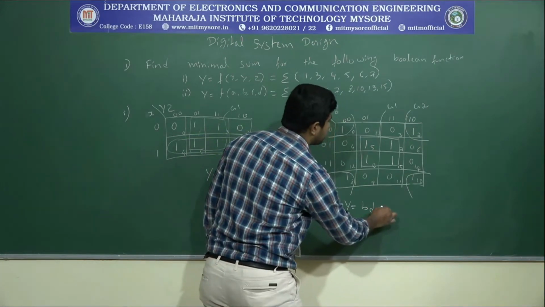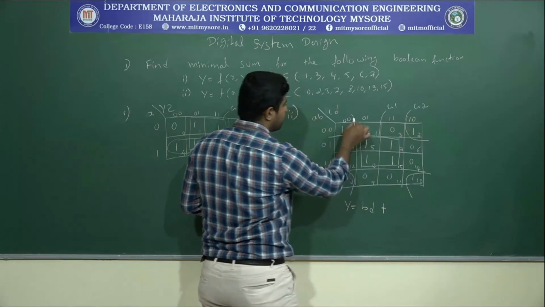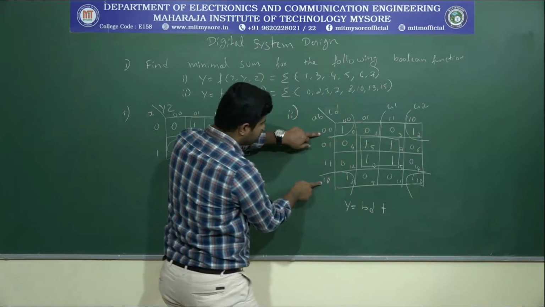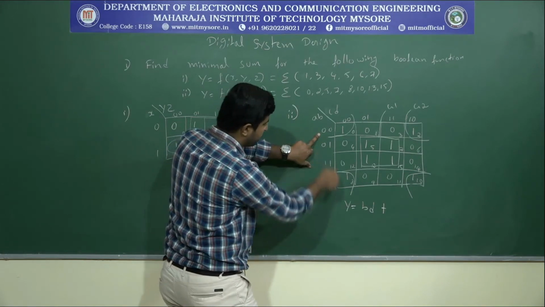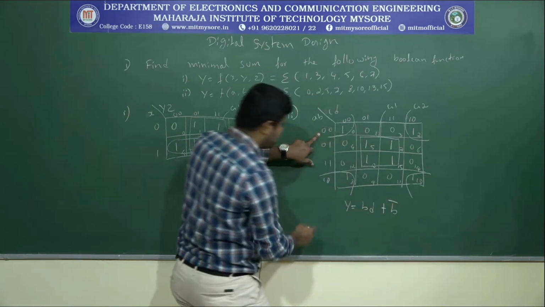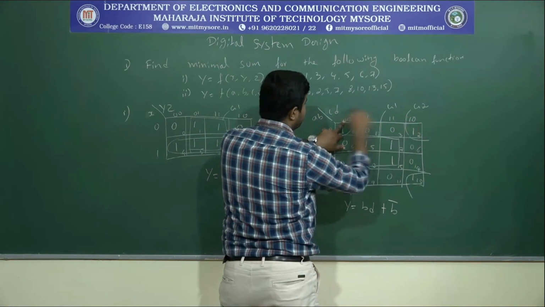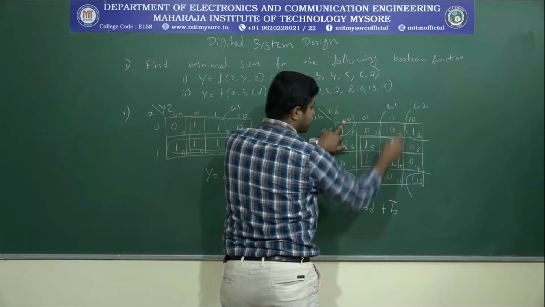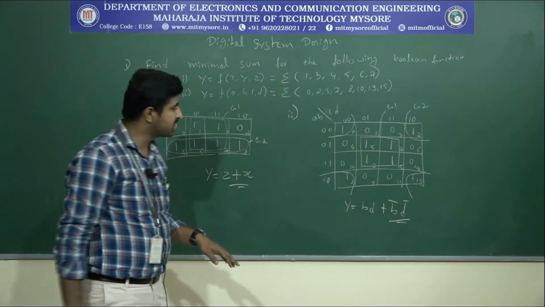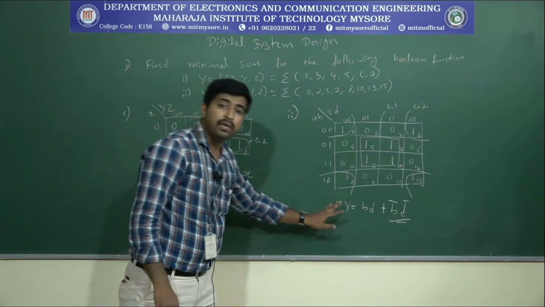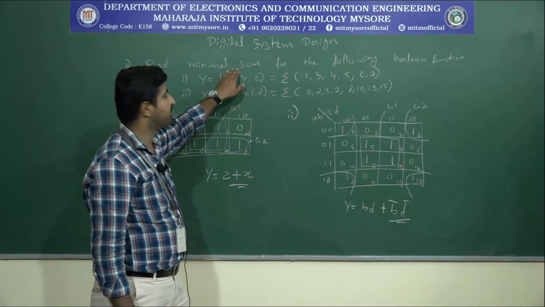Plus, for group 2, these 2 rows 0 0 1 0: A changes over, so the remaining is B bar because B is 0. Next, these 2 columns 0 0 1 0: C changes over, so the remaining is D, that means BD bar. So BD plus BD bar is the simplified minimal sum expression for the given Boolean equation.